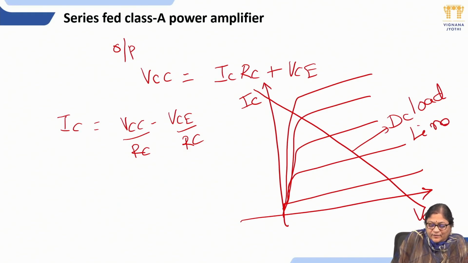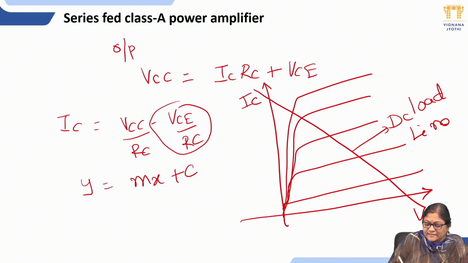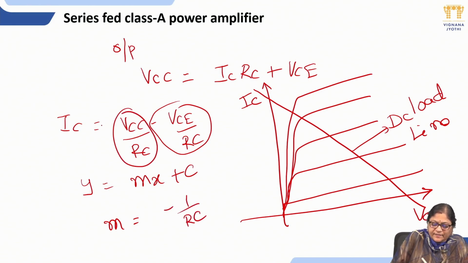This is y is equal to mx plus c in this form, the circuit equation, where this is the c and this is mx. So the x axis is VCE, the y axis is IC. In this one the load slope is minus 1 by RC, and this c value is VCC by RC.